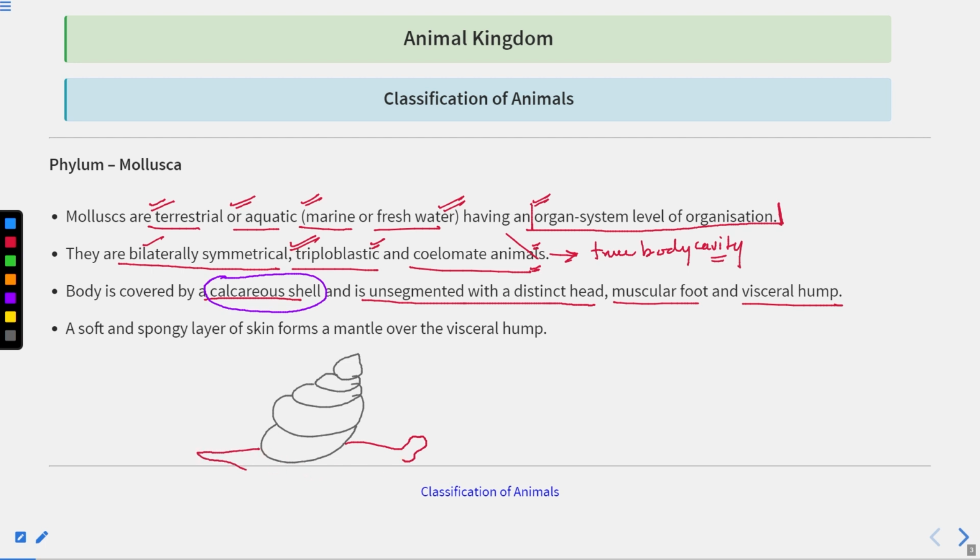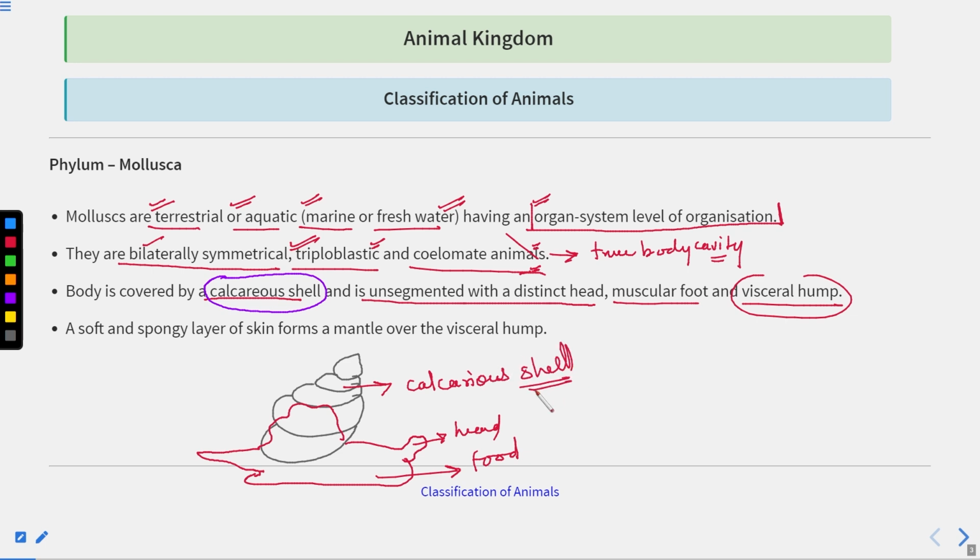This is the head, this is the foot region, and this visceral hump region resides in the calcareous shell. And this is the hump region.